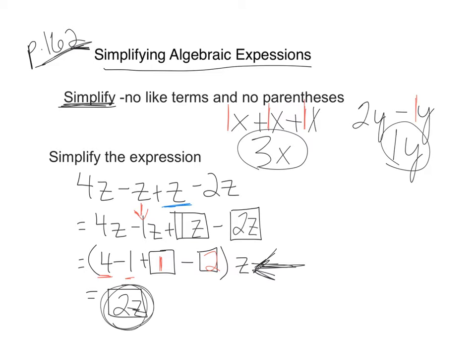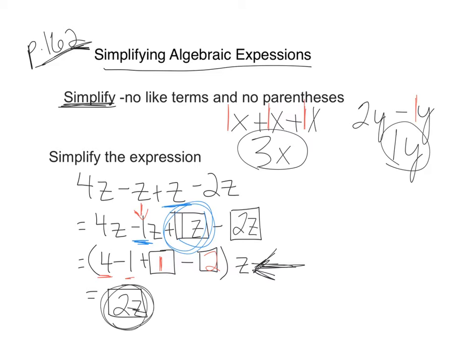Mary Beth? How'd you get the 1 in the third row? How did they get the 1? Right here? No, the next row down. The one in the box. The one to the left of the box. Just because we had a minus 1 here.